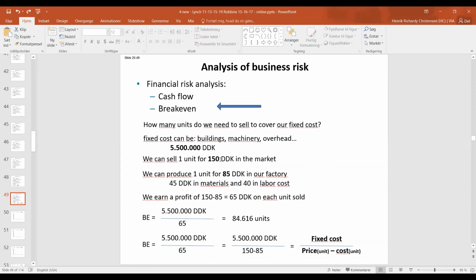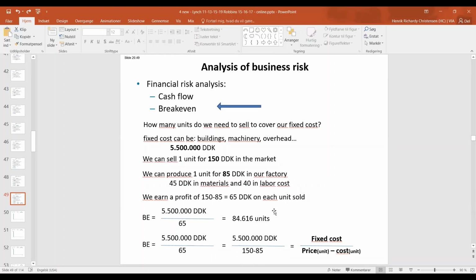And if we still sell at the same price and produce at the same cost, then this would go down, because we do not have to sell that many units if we only have 4.5 million in fixed cost. So if we can work with our fixed cost and get it down, our break even will also go down. That means we do not need to sell so many units, and therefore we will get faster into a position where we can start to earn money.